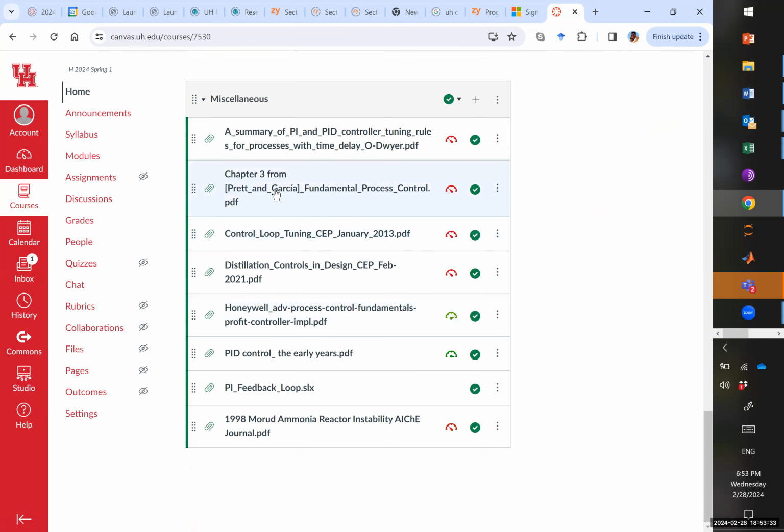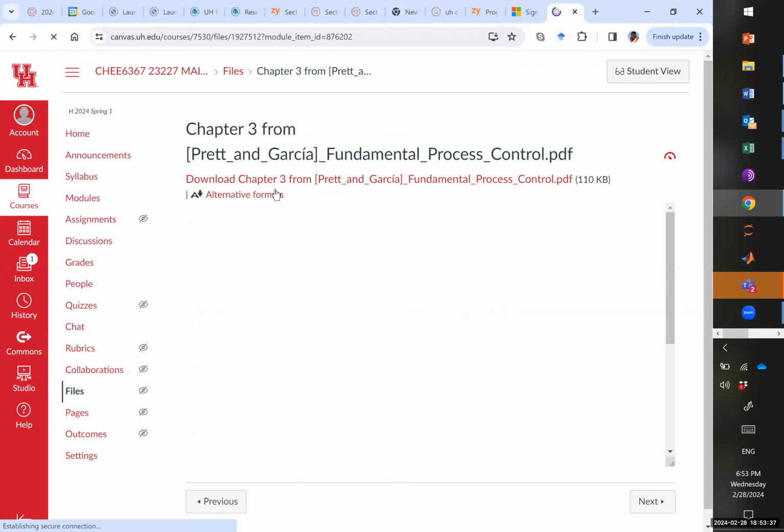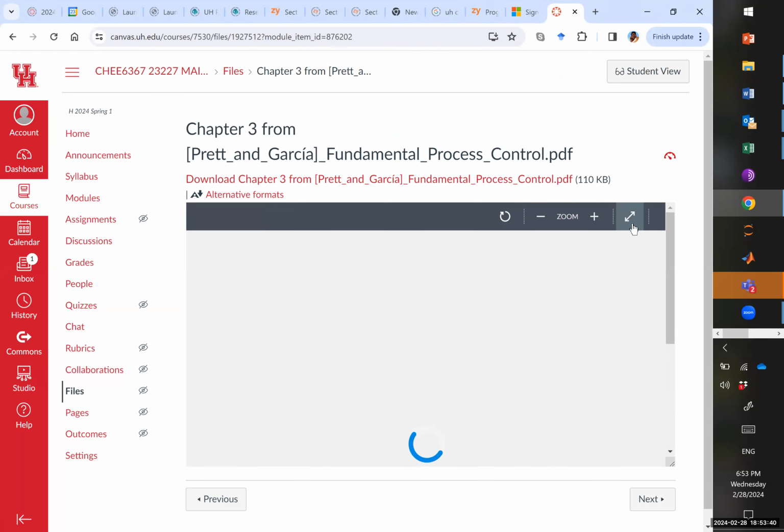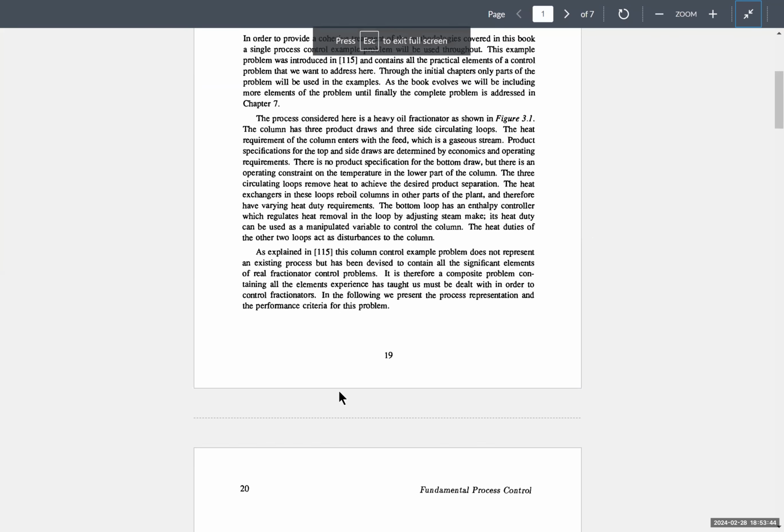Here, chapter 3 from Pratt and Garcia, Fundamental Process Control. This has a heavy oil fractionator, which is shown here.